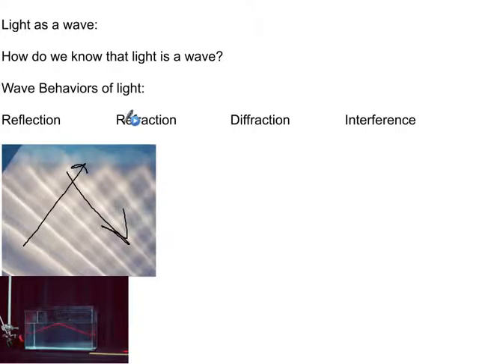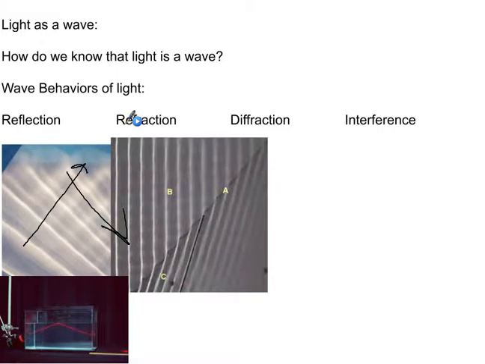Another thing that light can do, that waves can do, is it can refract. And so we can see as the waves here are moving in this way, when they encounter a boundary, they're being bent and going off in a different direction. And so this behavior is called refraction.